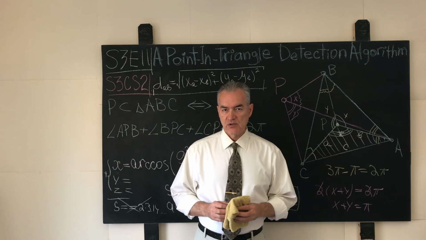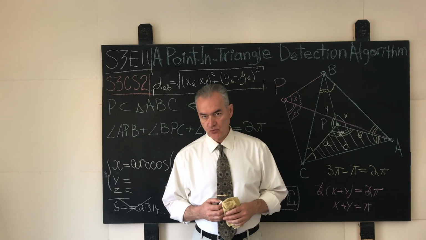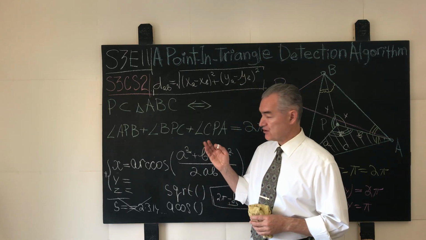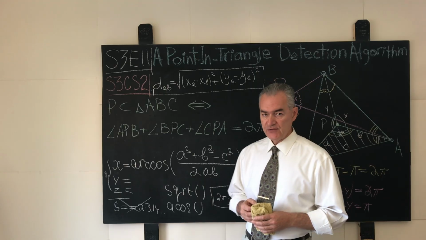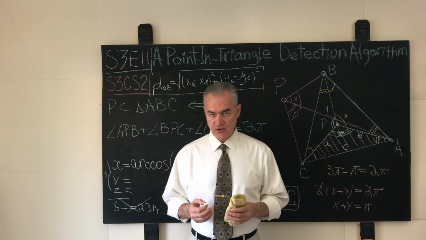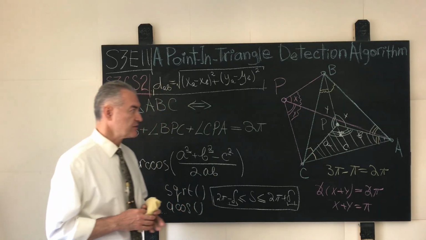The second honorable mention algorithm, which can be used in order to detect or determine if a given point is located strictly inside or outside of a given non-degenerate planar Euclidean triangle ABC, is based on the following theorem.